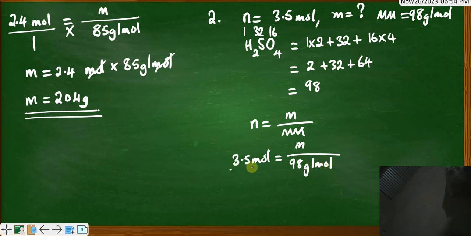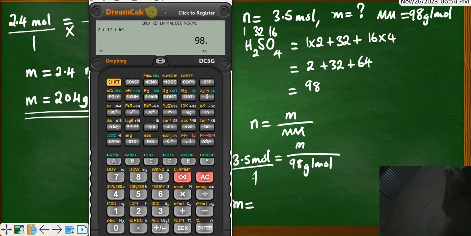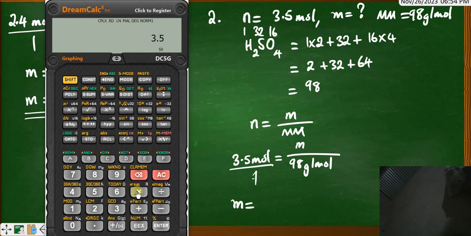Then we'll just say over 1, so that we cross multiply. 1 times m, it will be m equals 3.5 times 98, so it will be 343.